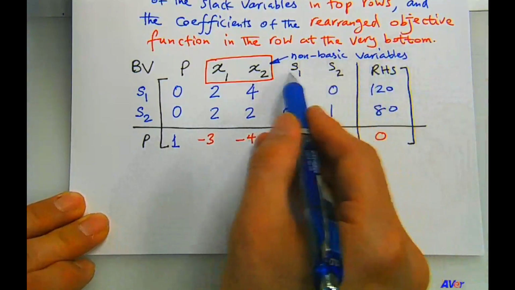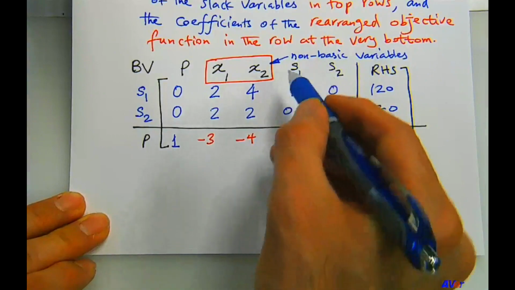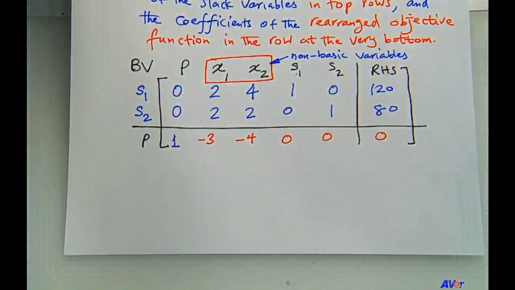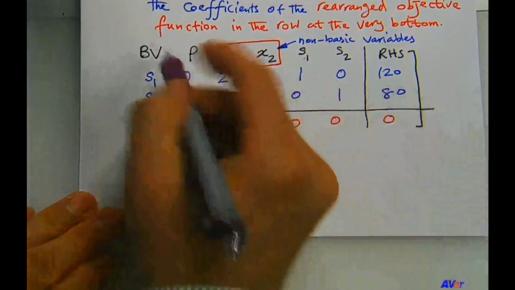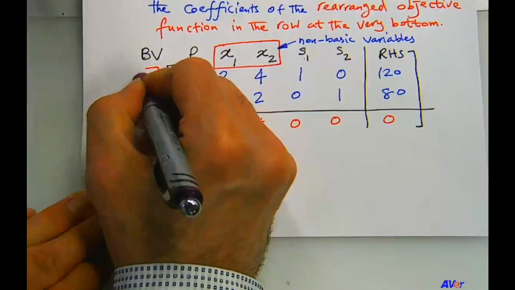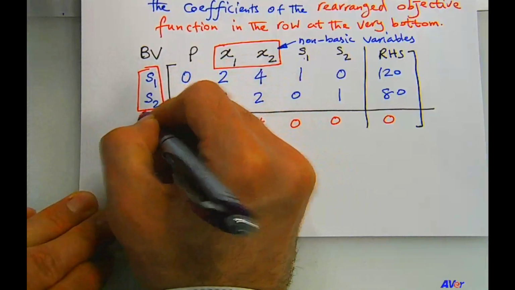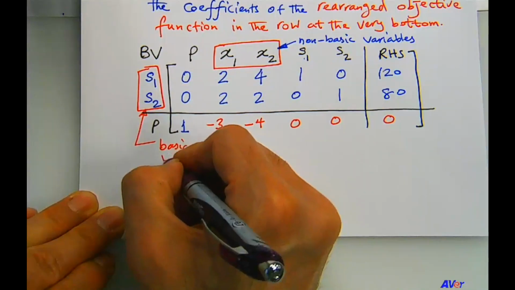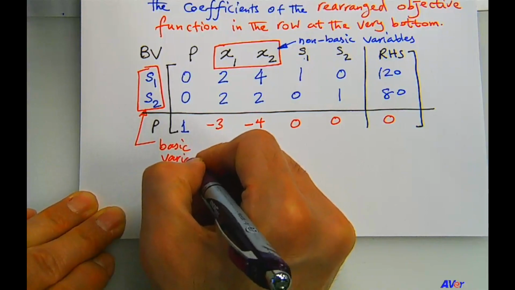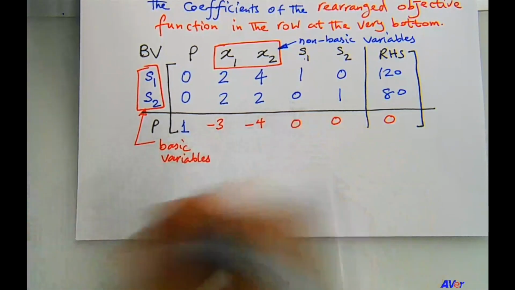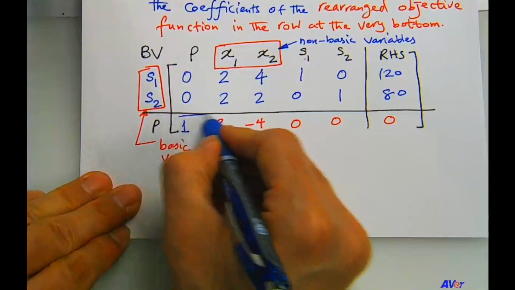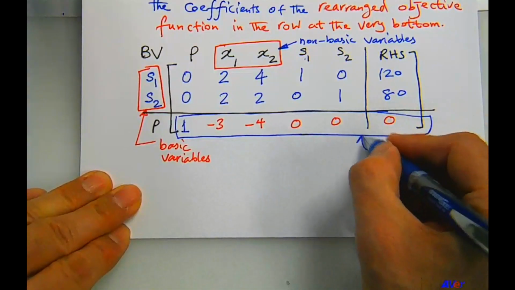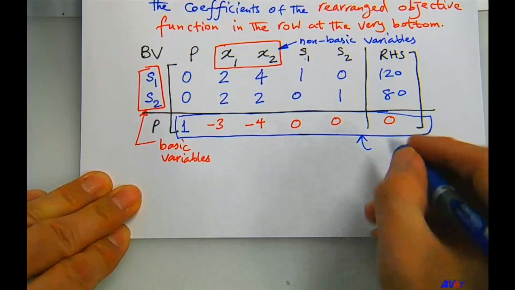You already know about slack variables S1 and S2, but S1 and S2 are also called basic variables. That's just becoming familiar with the terminology here. So these are basic variables. And this bottom row is called the objective row.